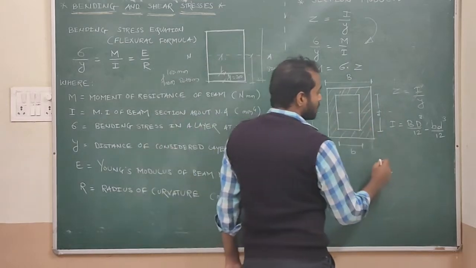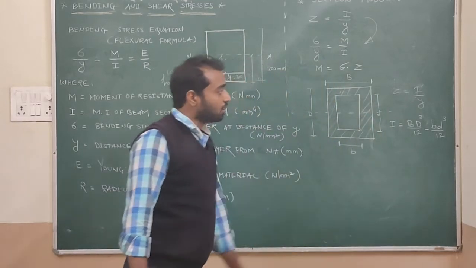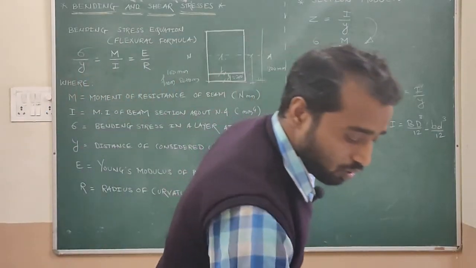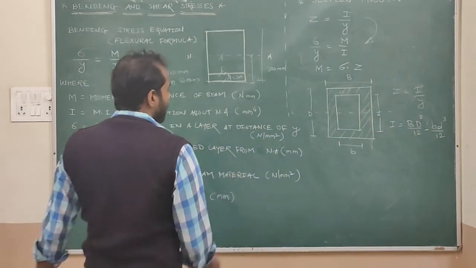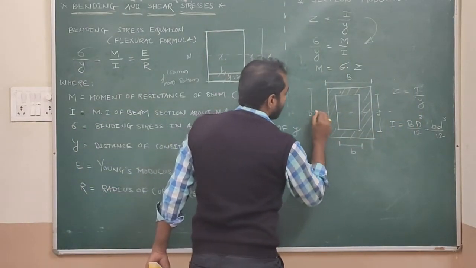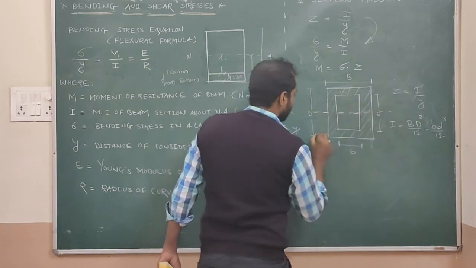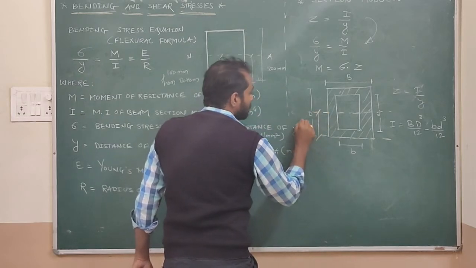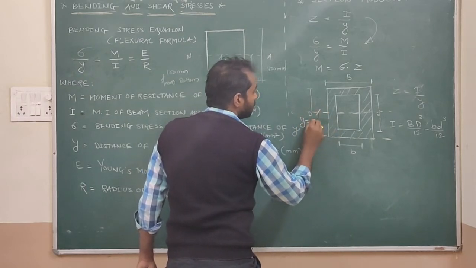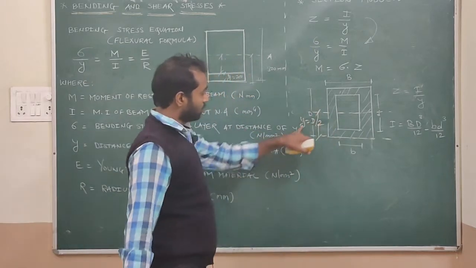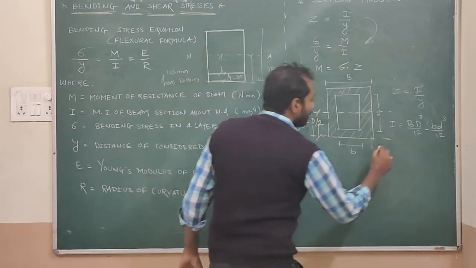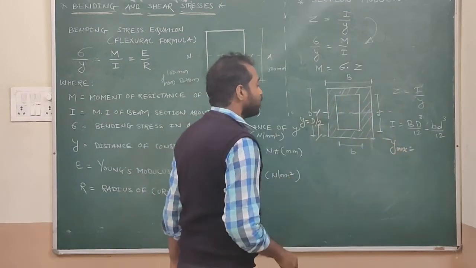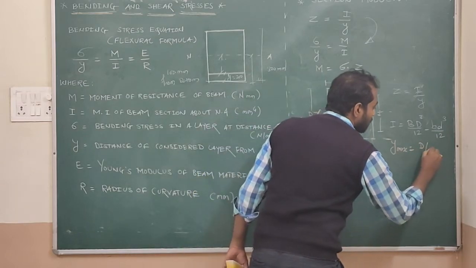Now for this case, you require the value of y, which is y max, and this y is equal to capital D by 2. So you can write here y or y max, that is the distance at the extreme fiber, D by 2.